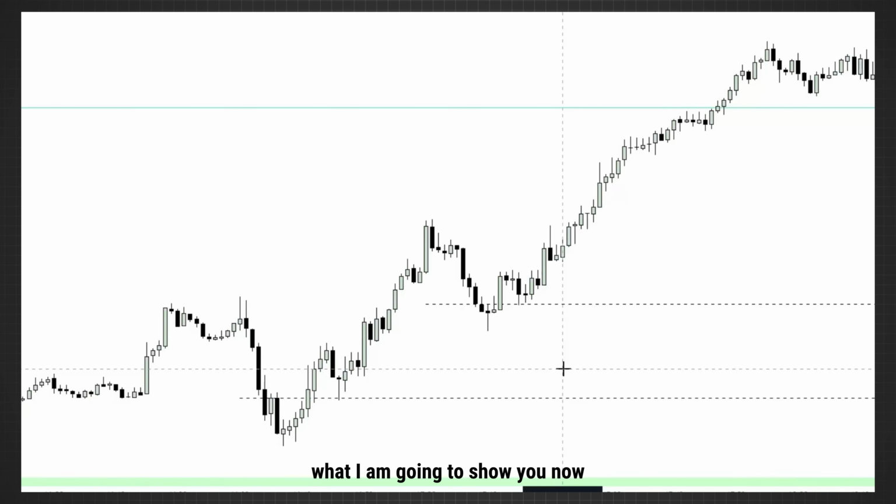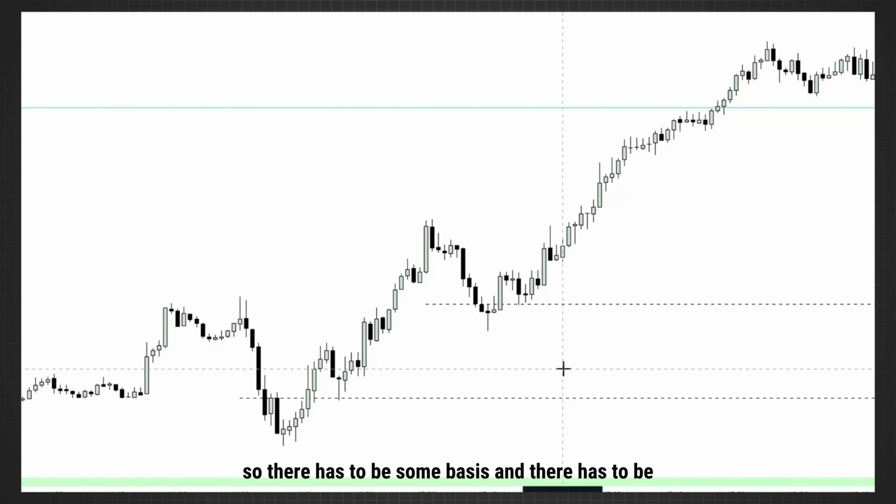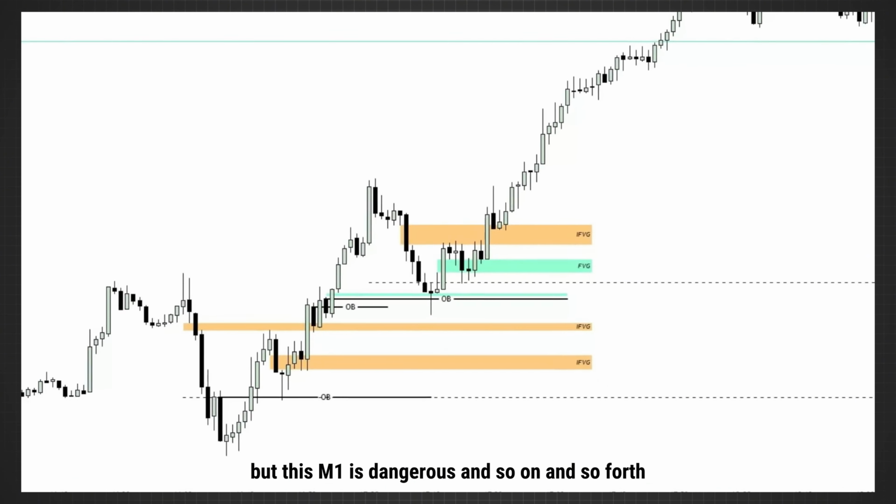There has to be some context, something to support your idea that the price has to move somewhere, so there has to be some basis. And there has to be some magnet in the form of liquidity. If you look at it like this, well, in principle, it is possible to enter somewhere. But this M1 is dangerous, and so on and so forth.